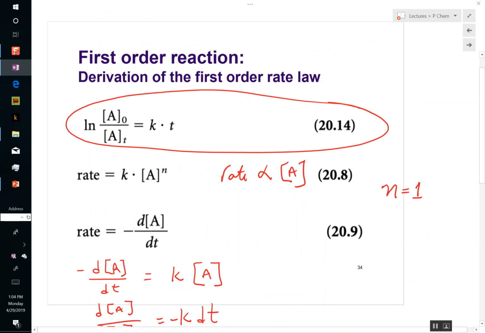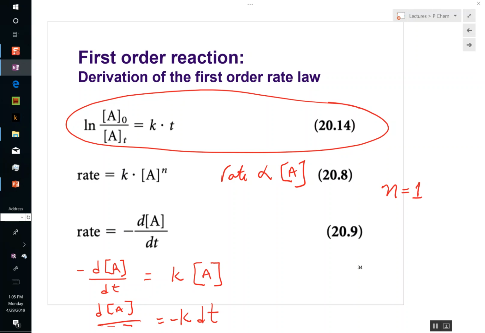That's equation 2014. And so that's where we get to, simplifying this, and recognizing that we're going to start a reaction with a certain concentration of A. We kind of know where we're starting. So we know what that is.